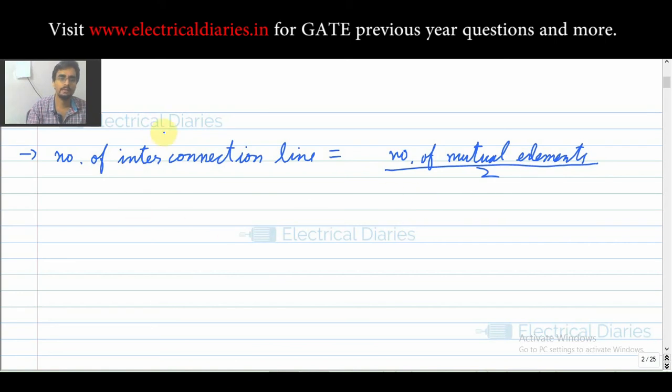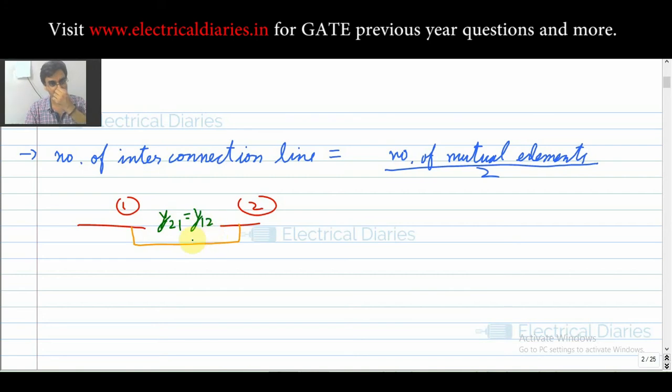See why I am saying this: this was your two buses, bus one and bus two, and this was the line connecting these two buses. For this line, I have told you the admittance is denoted by y21 is equal to y12. This y21 will be considered for bus 2 and y12 will be considered for bus 1.